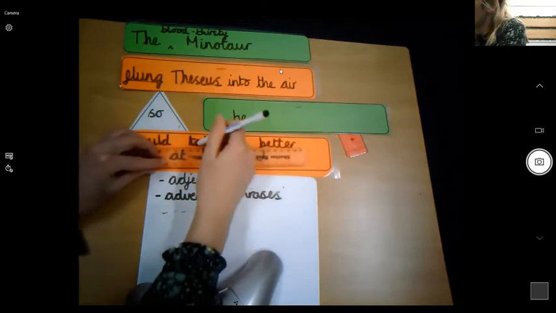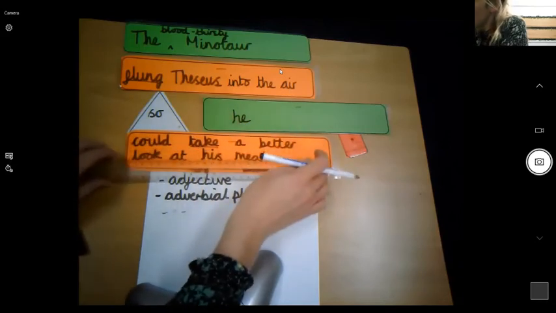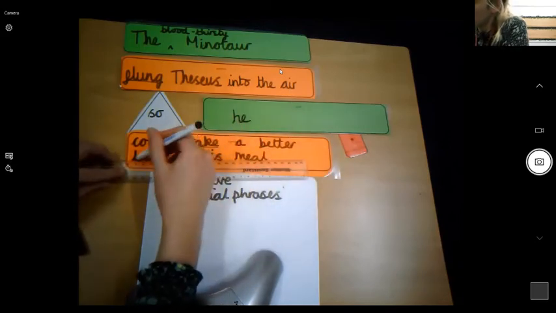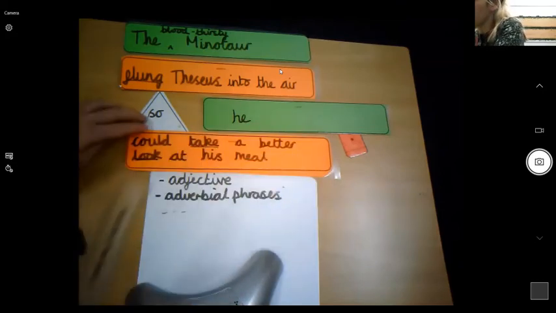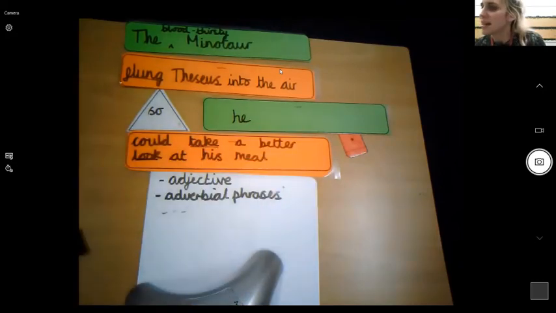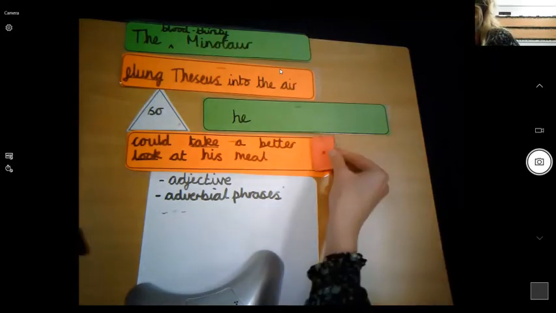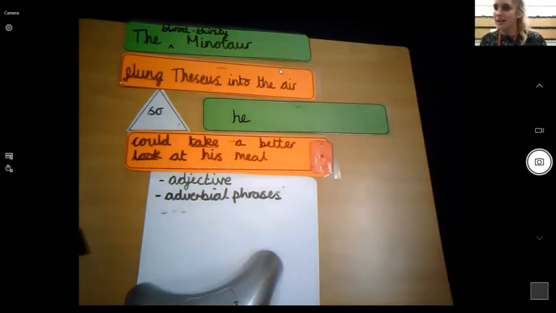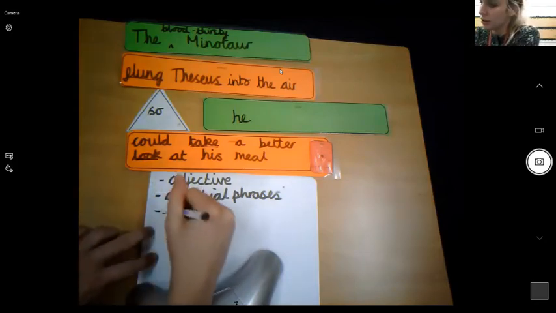So he's taking a better look at his meal. The bloodthirsty Minotaur flung Theseus into the air so he could take a better look at his meal. Add my full stop to the end. So now I've created a compound sentence. I've added in a coordinating conjunction.